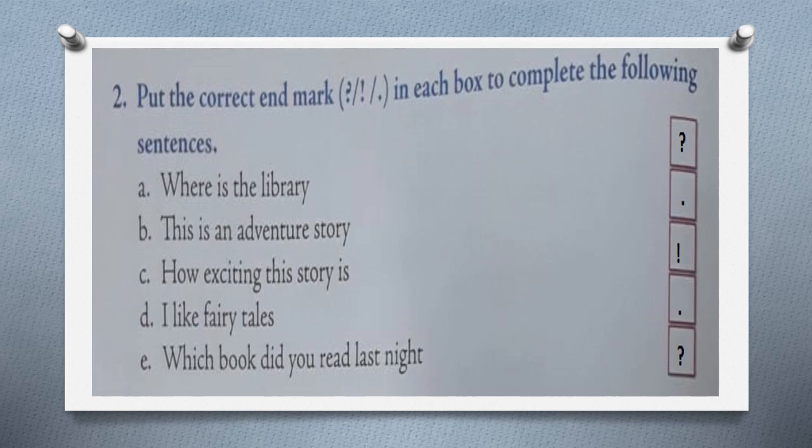See the D part. I like fairy tales. It's a statement sentence. Then put a full stop. See the E part. Which book did you read last night? In this sentence, asking a question. Then put a question mark.